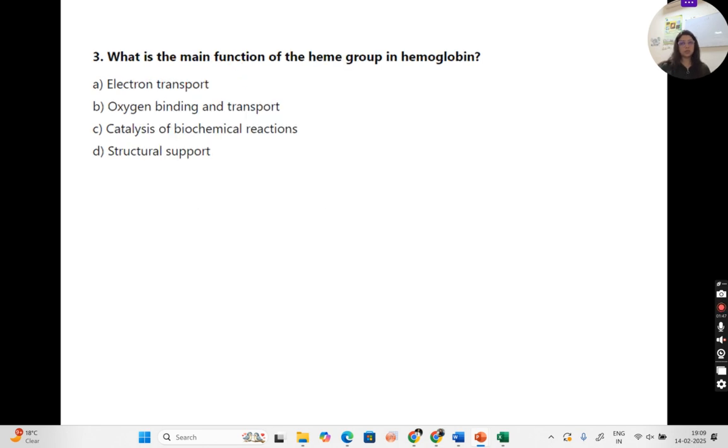Now, what is the main function of the heme group in hemoglobin? Electron transport, oxygen binding and transport, catalysis, or structural support. We already discussed hemoglobin a lot. This is not a typical question. What is the role of the heme group in hemoglobin?